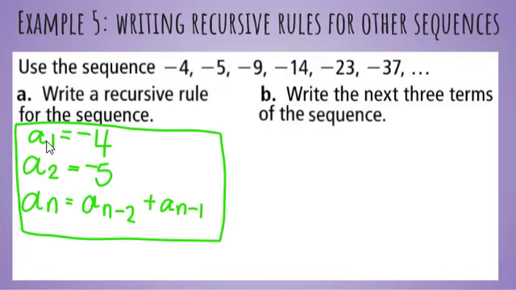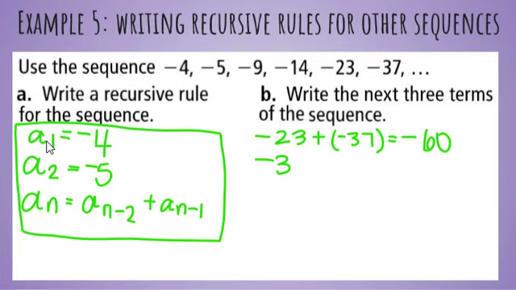So then the next part is finding the next 3 terms. So we're going to do -23 plus -37. When you're adding a negative and a negative together, your answer is going to remain negative. So -23 plus -37 is -60.